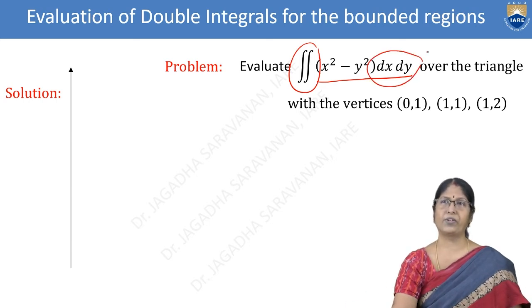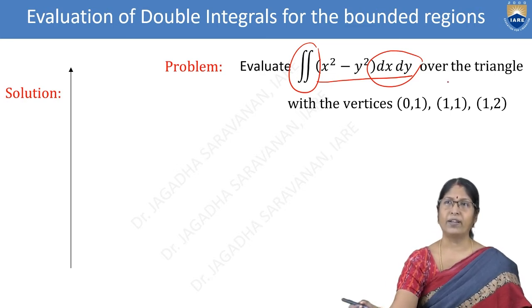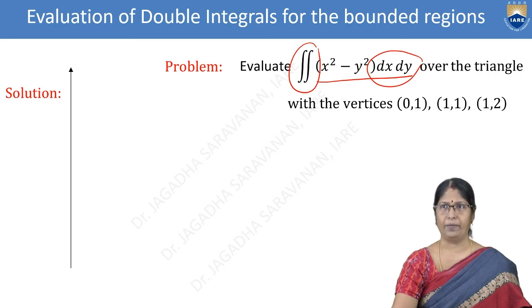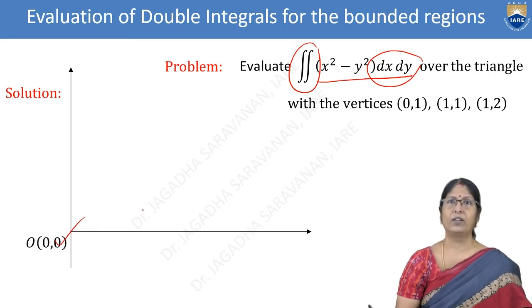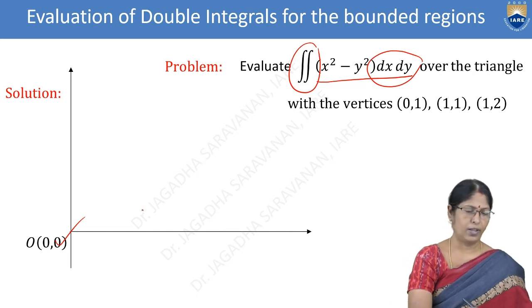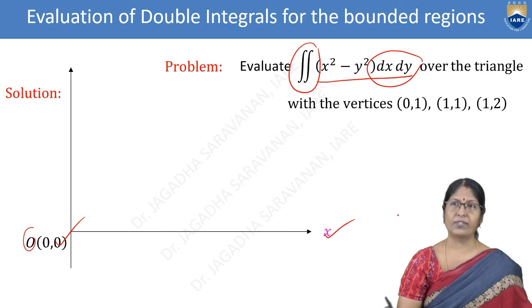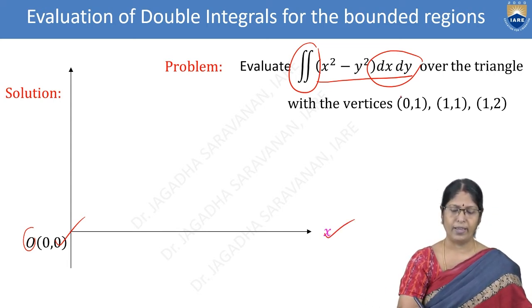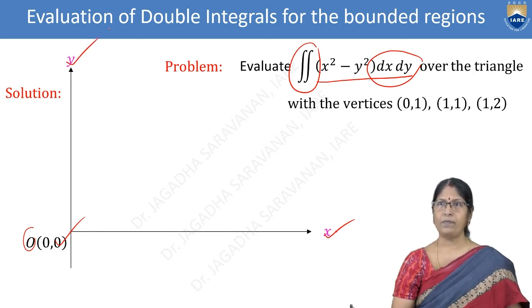It indicates that the given problem is a double integral regarding the xy plane, that is our Cartesian plane. Here this is the origin 0, 0, named as O. We selected two dimensions because our question is in the xy plane, x axis and y axis.